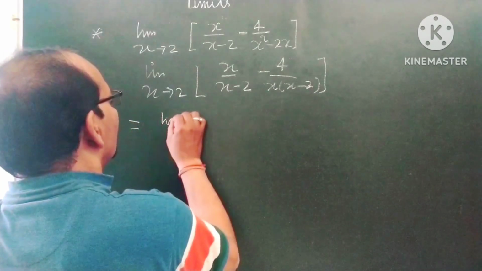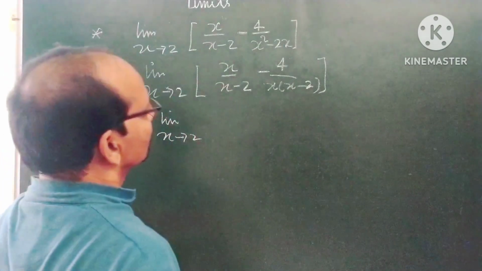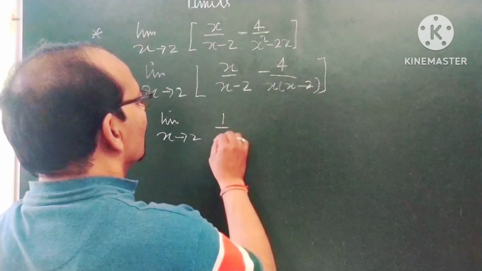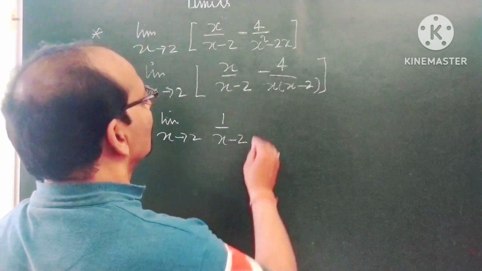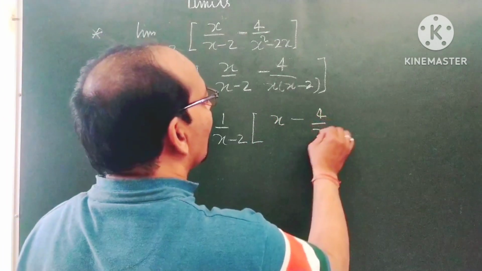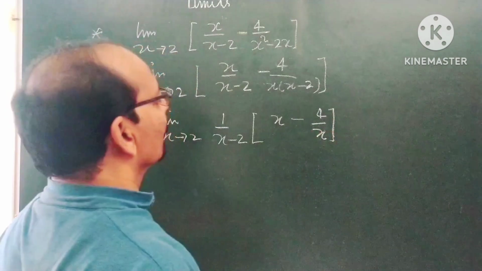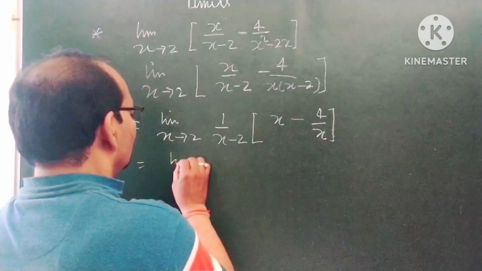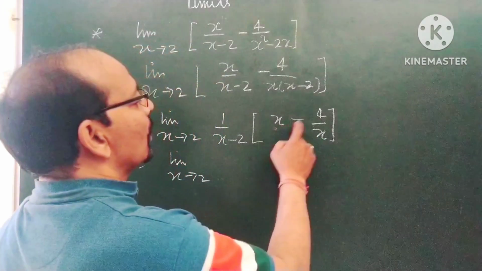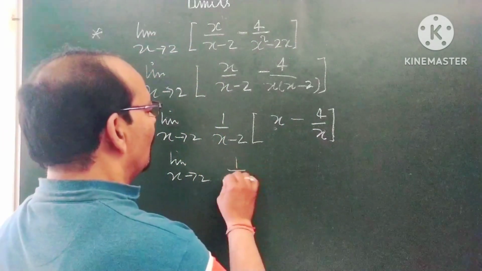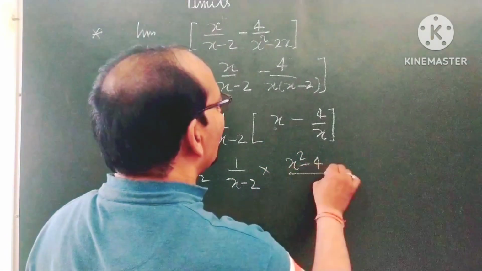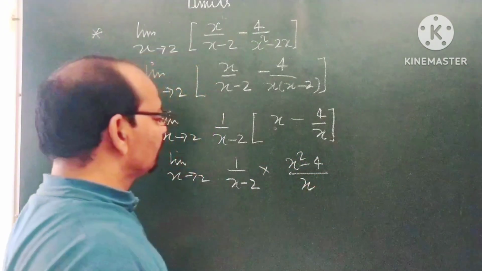After that it will be limit x tends to 2. x minus 2 is common, therefore we take out x minus 2 and there will be x minus 4 by x. Therefore, limit x tends to 2, there will be x square minus 4, 1 by x minus 2 into x square minus 4 by x.